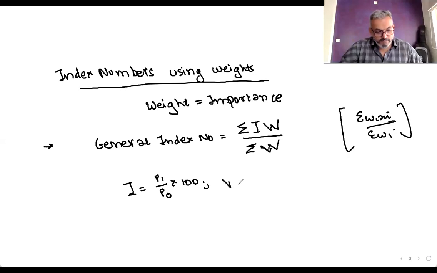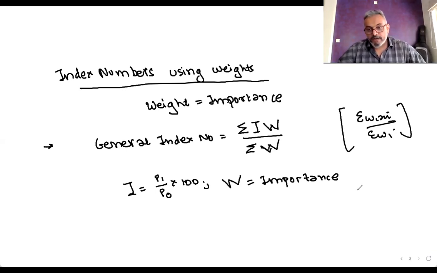Weight is equal to importance. Weight, as a formula, I'll include it over here only because we have to see this formula once again in cost of living index number.